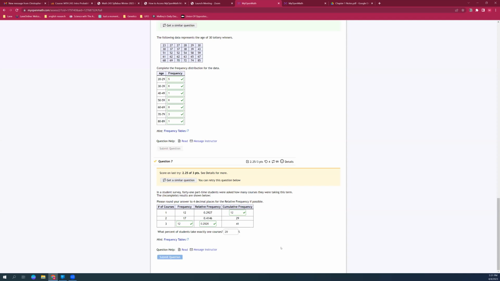Well, it might make you do the 29.27, because it's the relative frequency of the number of courses being one. So I want to put it as 0.2927? No, you want to put it as 29.27%. Gotcha.